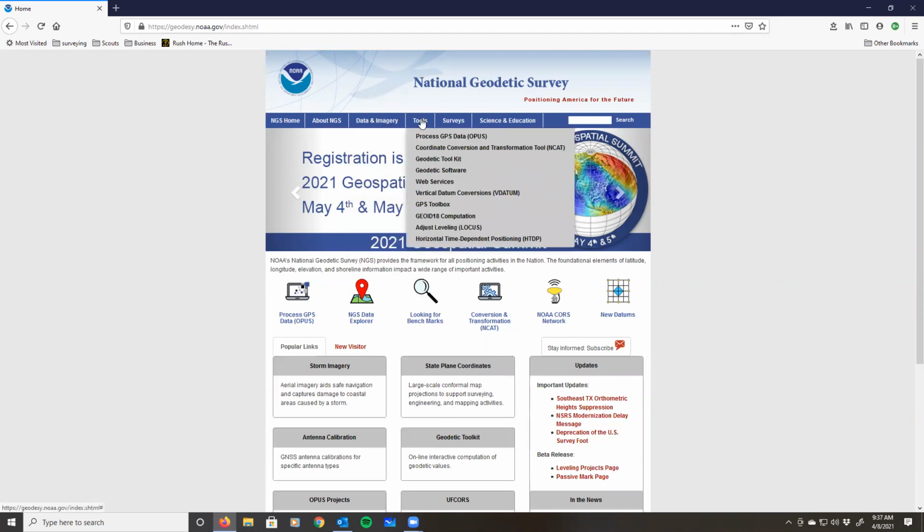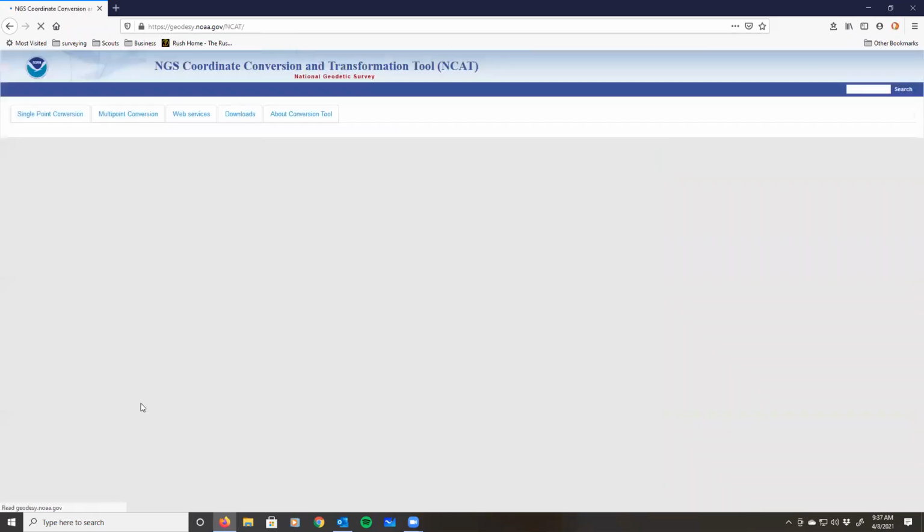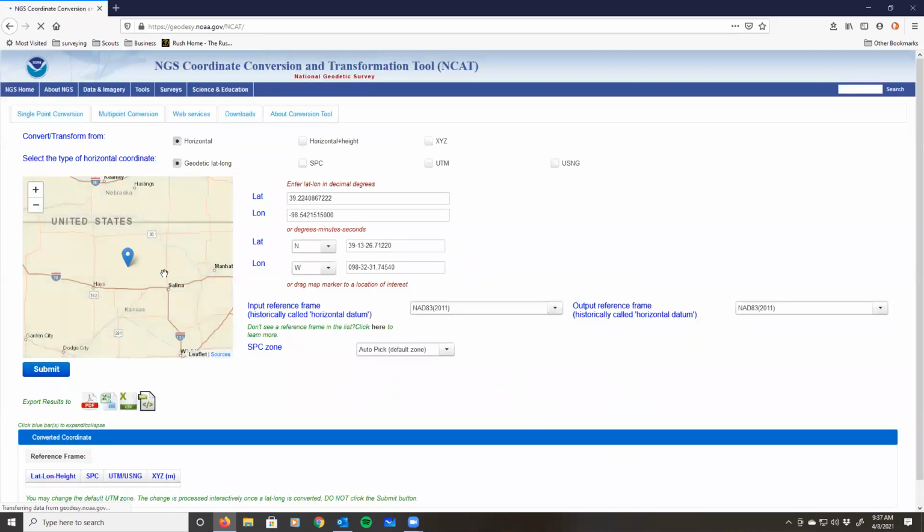I don't remember if I had shown you guys this previously. Under tools, they have the coordinate conversion and transformation tool. That is extremely helpful. It always starts out here in Nebraska. I'm assuming that maybe that's the population center. I don't know.